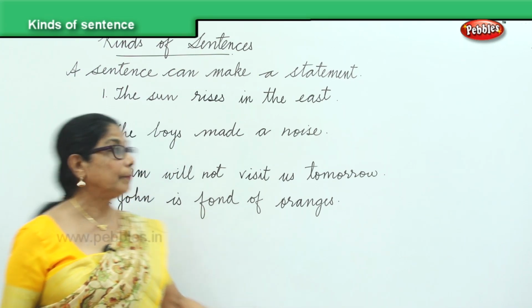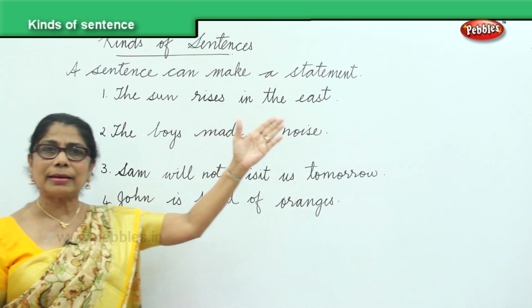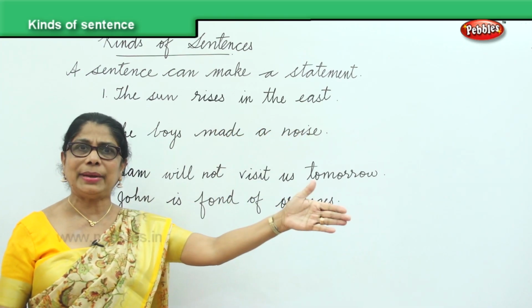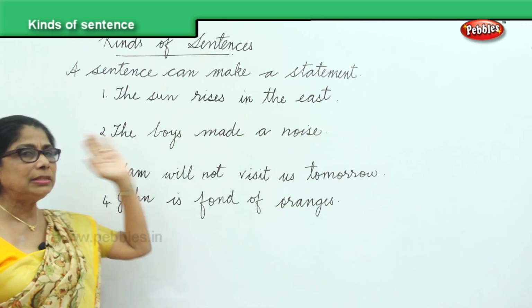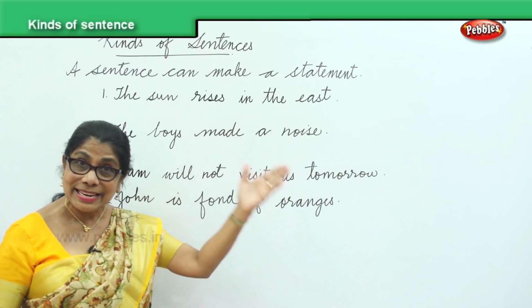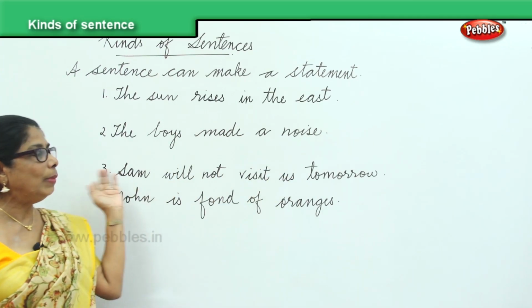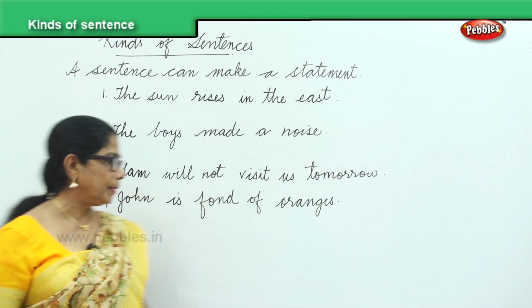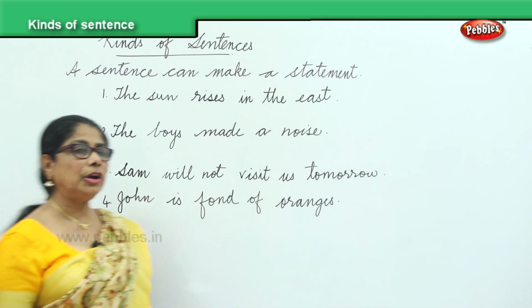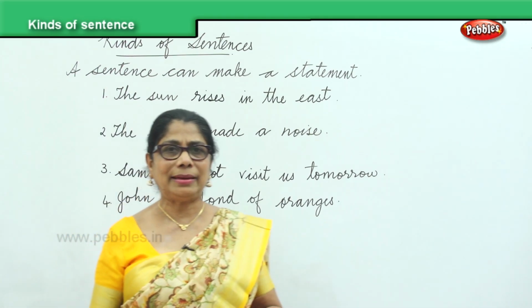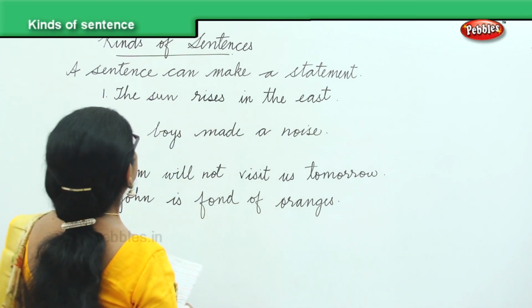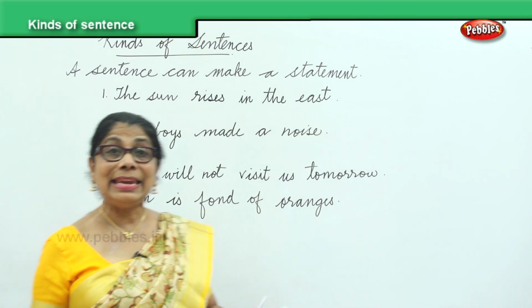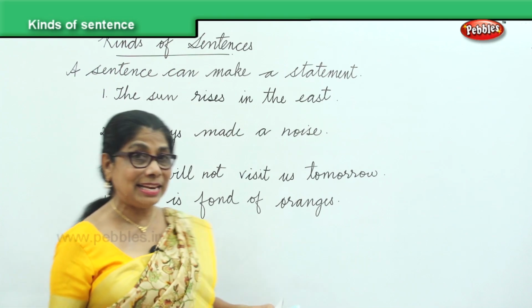What does it say? It says, the sun rises in the east. It's a statement. The boys made a noise. It's a statement. Sam will not visit us tomorrow. It's a negative statement. John is fond of oranges. It's a statement. So, a sentence can make a statement.